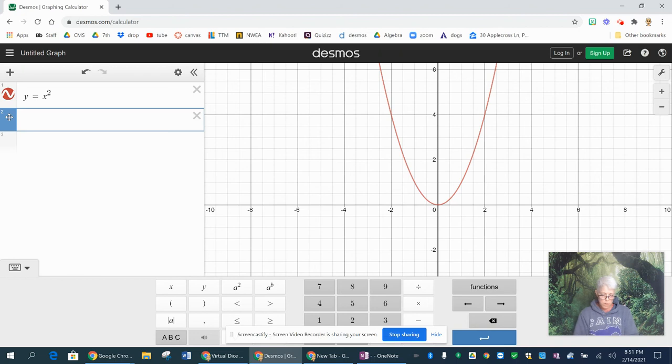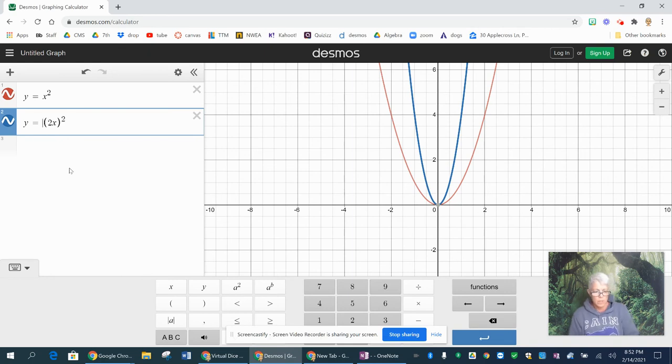So then I'm just going to pick one of these, because I have some notes sitting in front of me. I'm going to go ahead and type in this one, f of 2x. All right, so there again, y equals f of 2x.